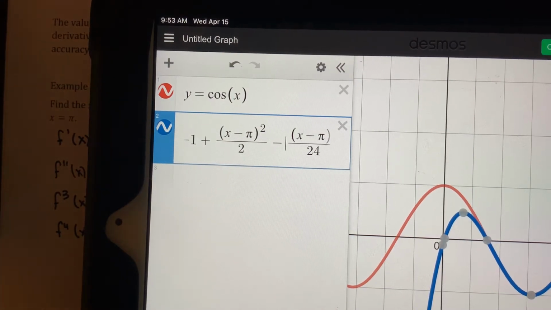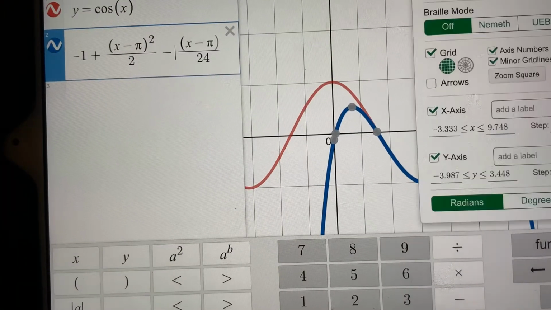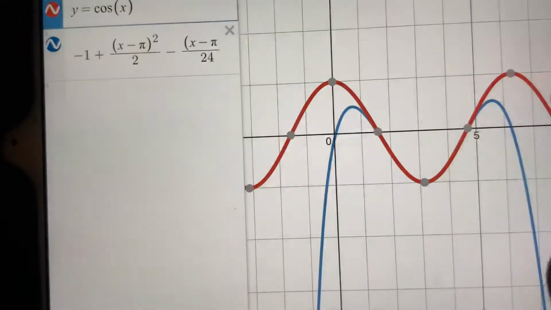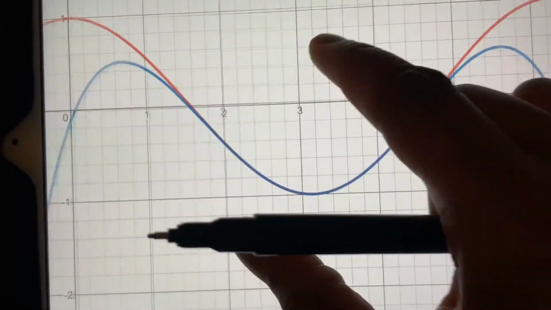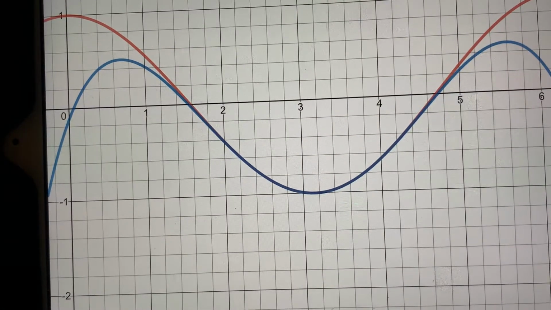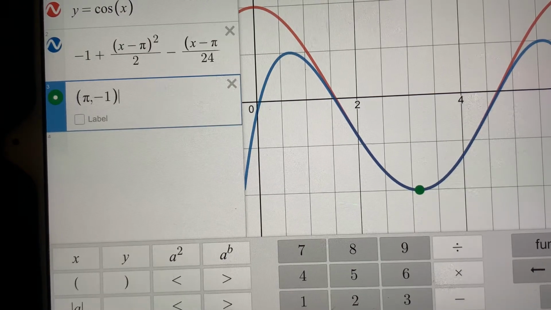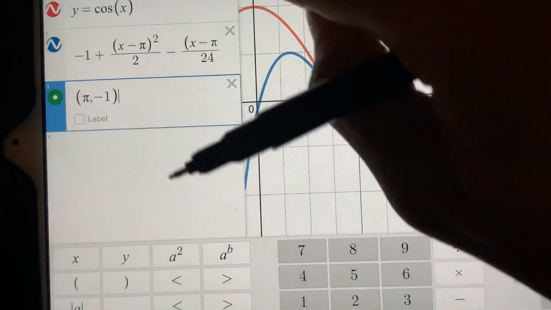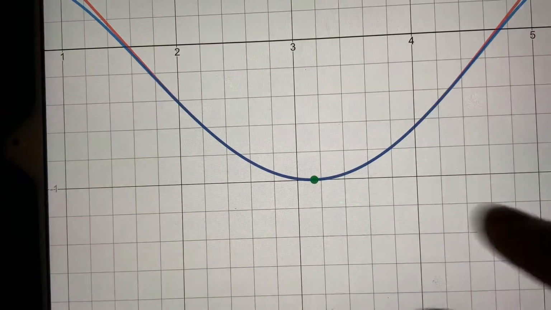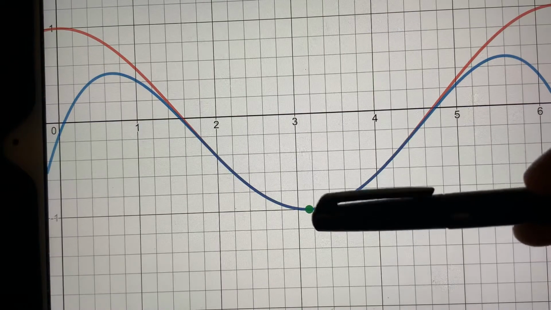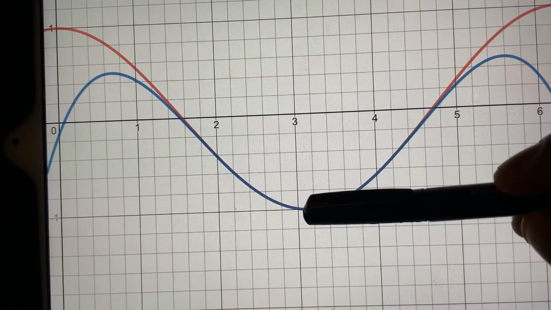So when we look at the graph, we see this fourth degree Taylor polynomial. Let's put in x equals pi as well. So we know at pi, we should get -1 as the coordinate. So when x is pi, we see that this is the center of our polynomial.